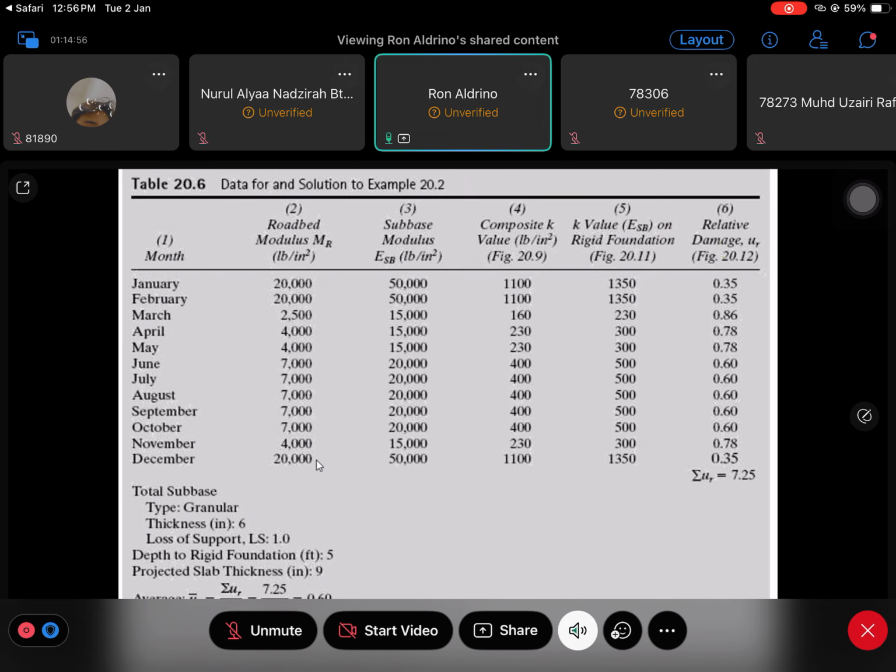Anyone can answer that. What is the reason? Roadbed modulus is different. And from where do you get this roadbed modulus? Anyone? Can type in the chat.